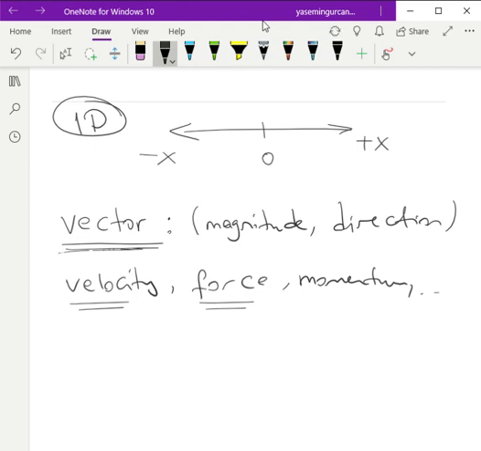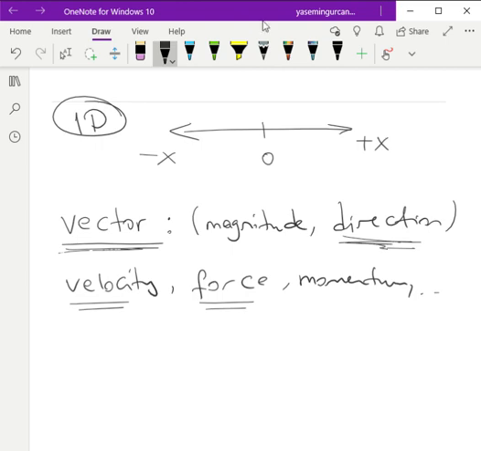Whichever direction you apply the force is going to create the motion in that direction. These vector quantities, the first three we will be dealing with, are velocity, force, and momentum. They have directional information in them, so you need to specify their direction.